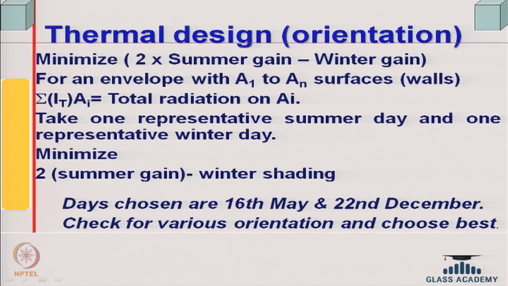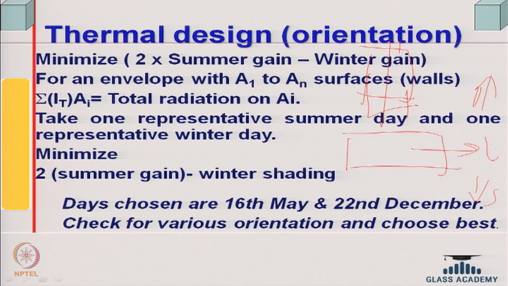So, supposing this is the plan of the building, let us say this is my north direction, this is my south direction. Now, I change the plan to this one, long axis parallel to east and west, here it is parallel to north and south. So, the orientation change is occurring. In that case, the larger surface will not receive any radiation.